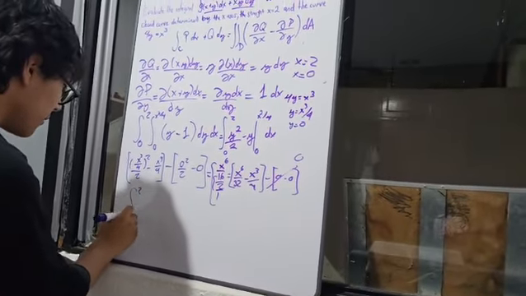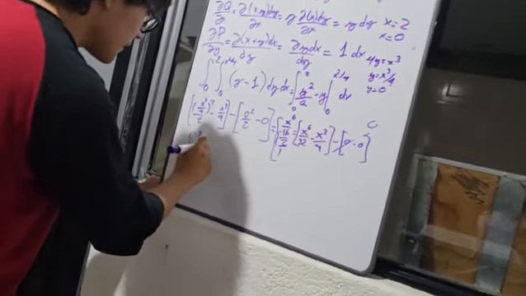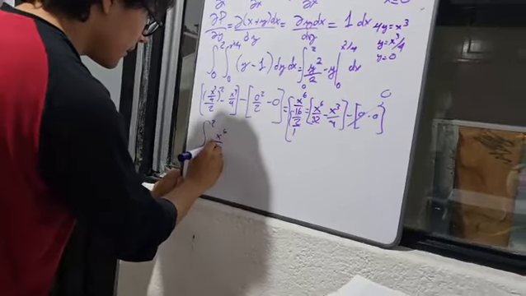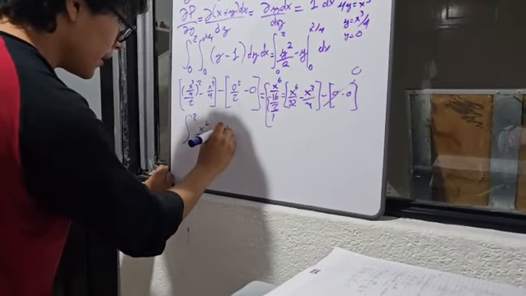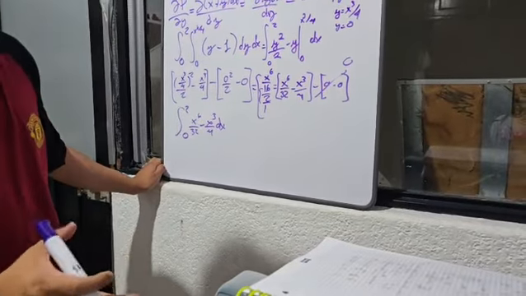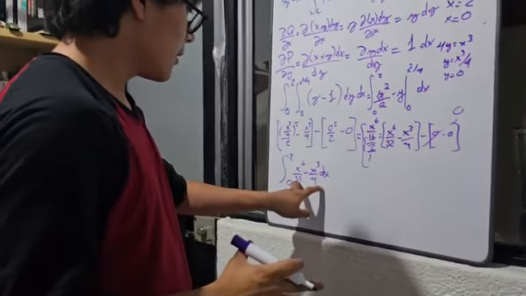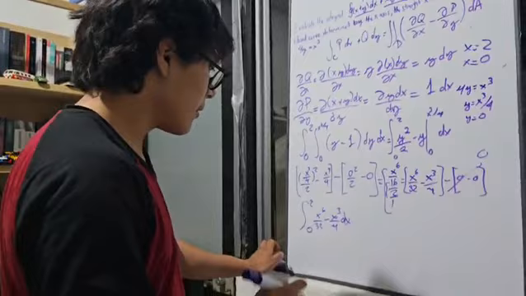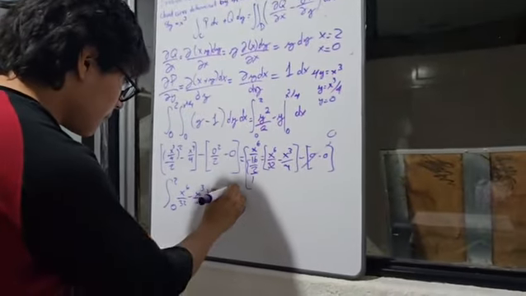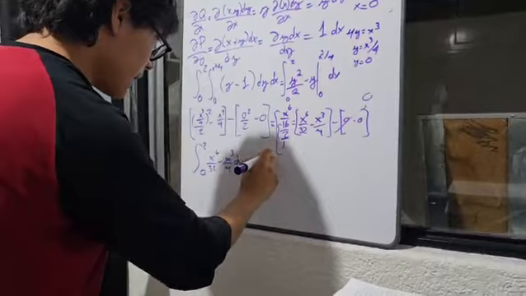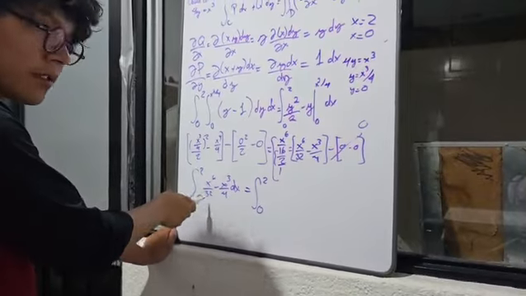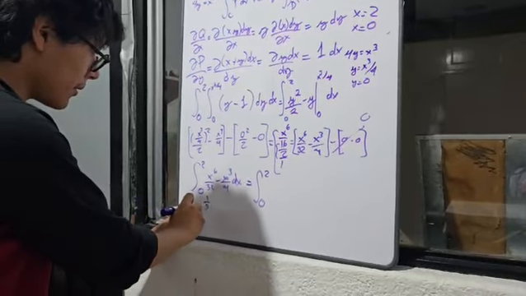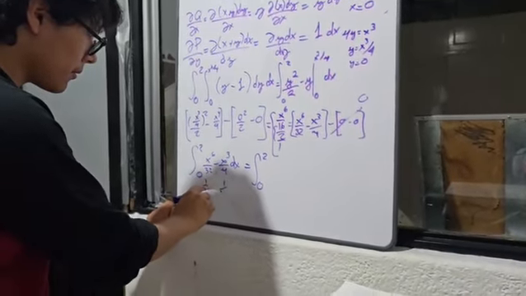So now the integral from 0 to 2 of x to the 6 over 32 minus x to the 3 over 4 dx. Now this is much easier, because we only have one integral. The integral of this is going to have the constant 1 over 32, and this one the constant 1 over 4.